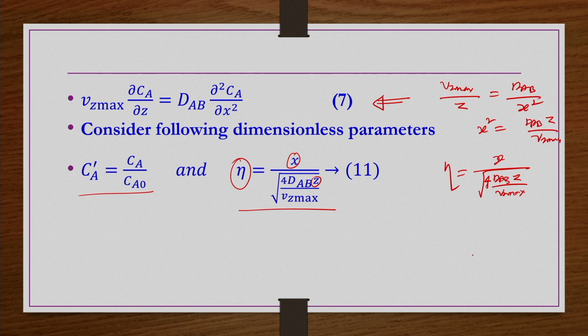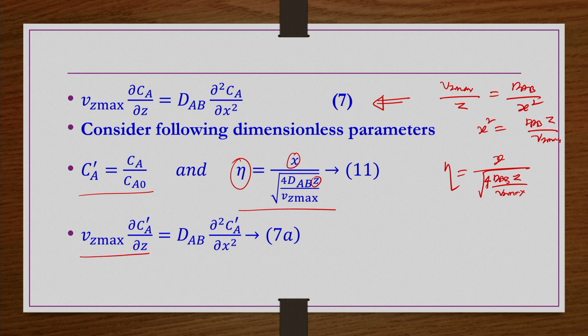Now in this equation, in place of dou Ca by dou z, I can write Ca naught dou Ca prime by dou z, and on the right-hand side, in place of dou square Ca by dou x square, I can write Ca naught dou square Ca prime divided by dou x square.